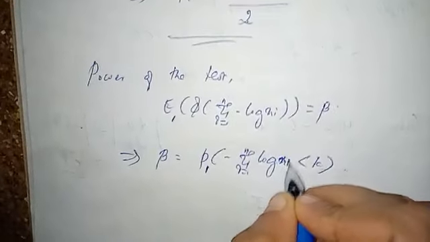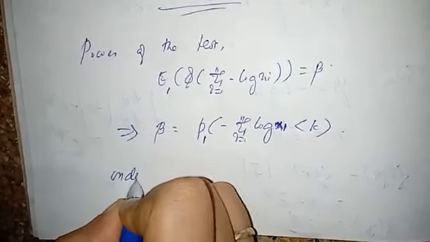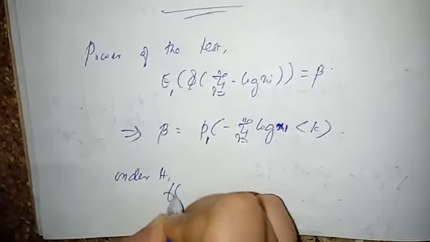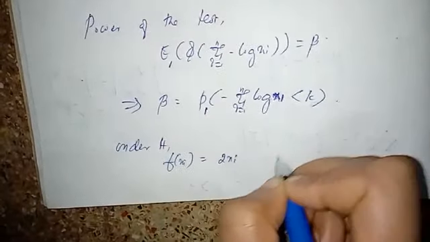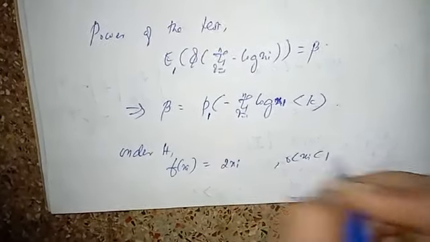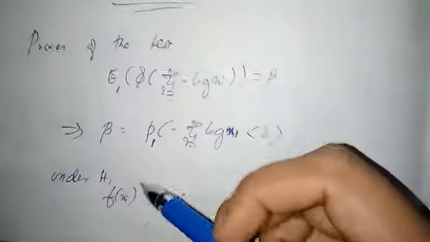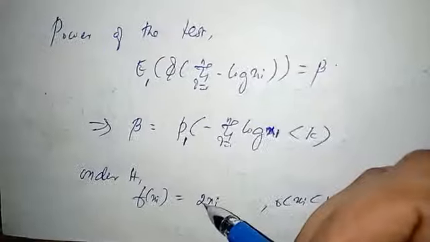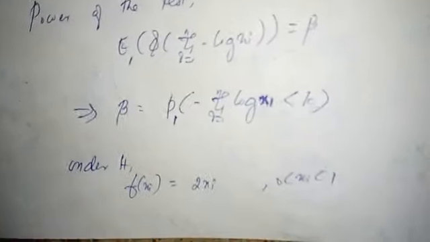Here under H1, xi follows which distribution? Under H1 the density is f of xi equal to 2xi, 0 < xi < 1.